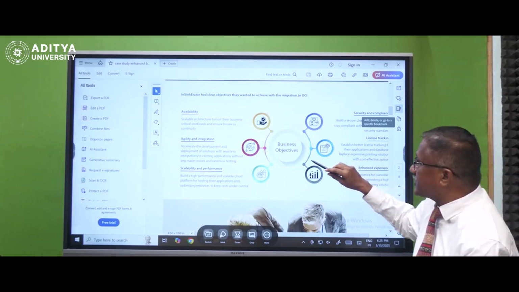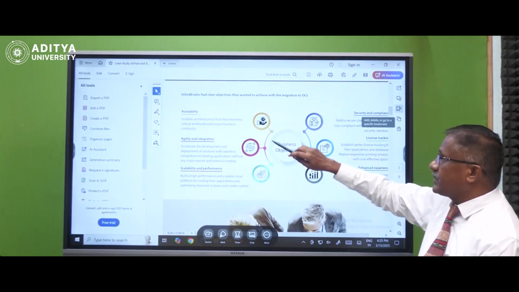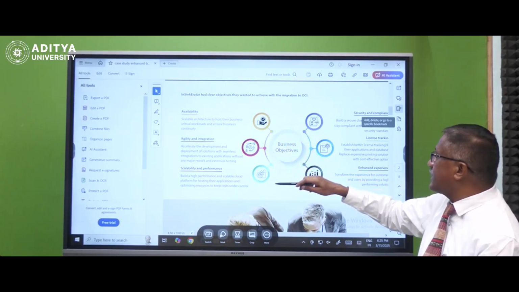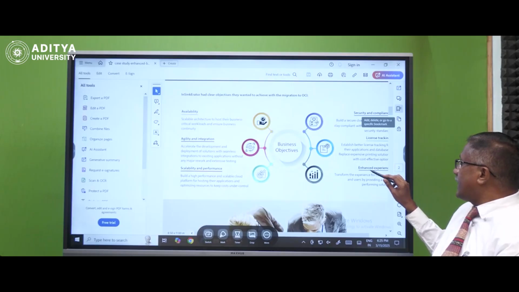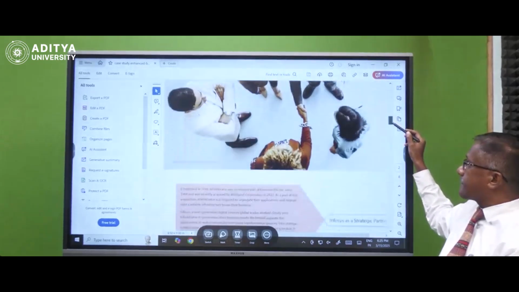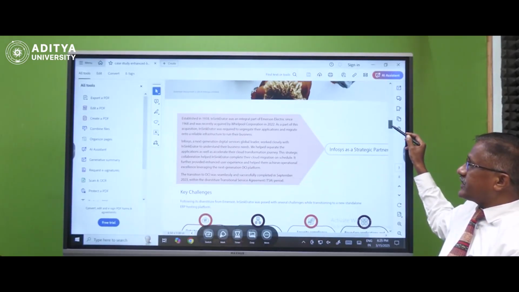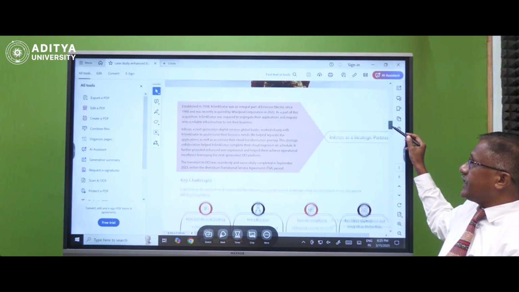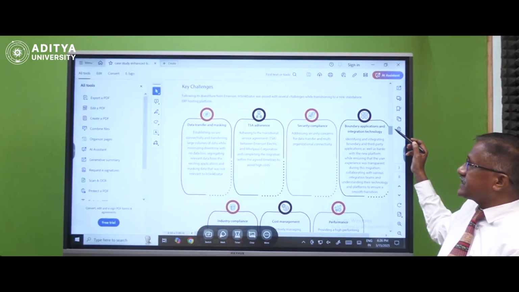All these business objectives can be solved with the help of Oracle Cloud Infrastructure: availability, agility, scalability, security, license tracking and enhanced experience. Infosys is one of the major partners for this in India. What are the key challenges?